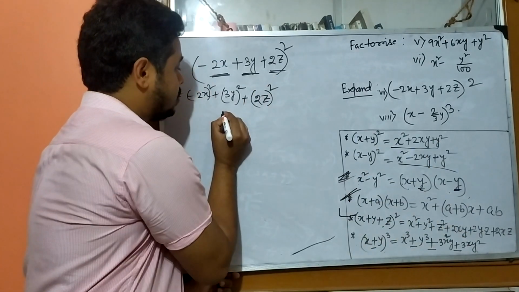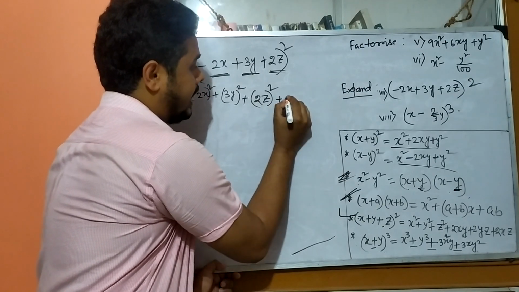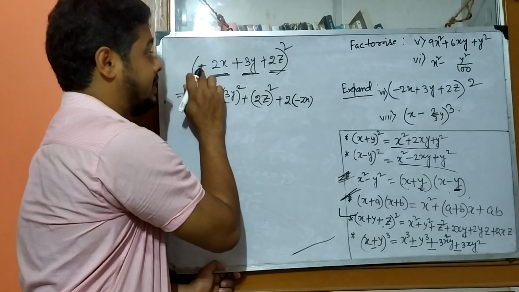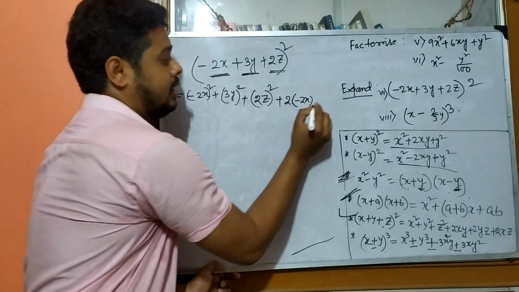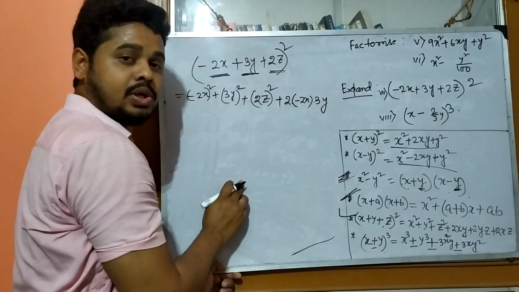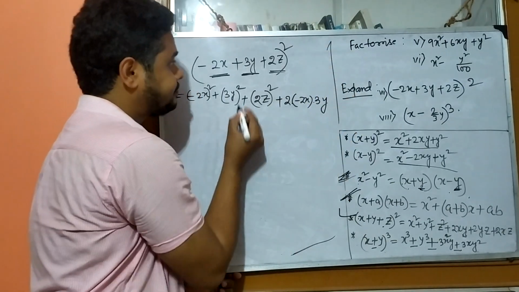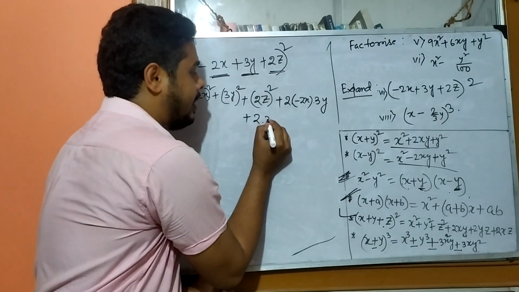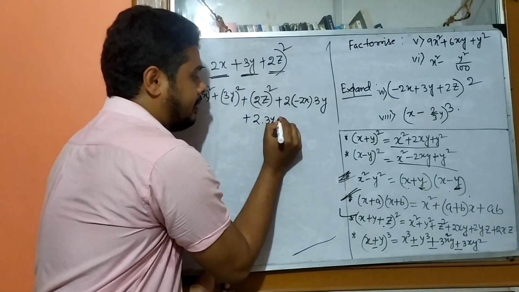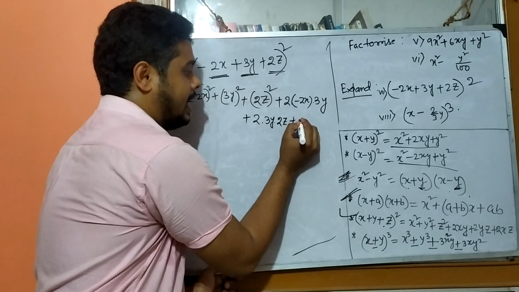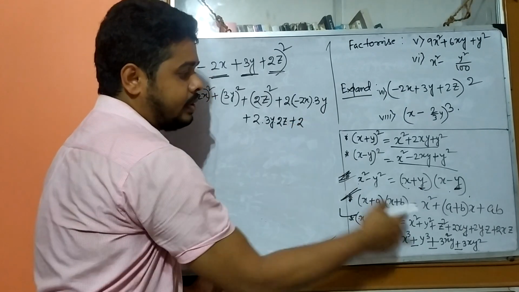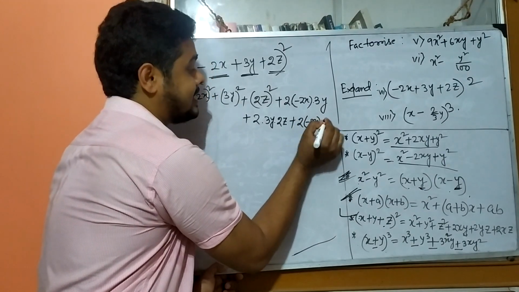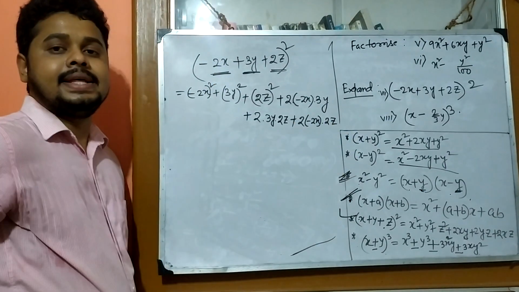After that 2xy, x means our minus 2x. Keep in mind the symbol. Into y means 3y plus 2yz. Y means our 3y, z means our 2z plus 2, last part is xz. X means minus 2x and z means 2z.